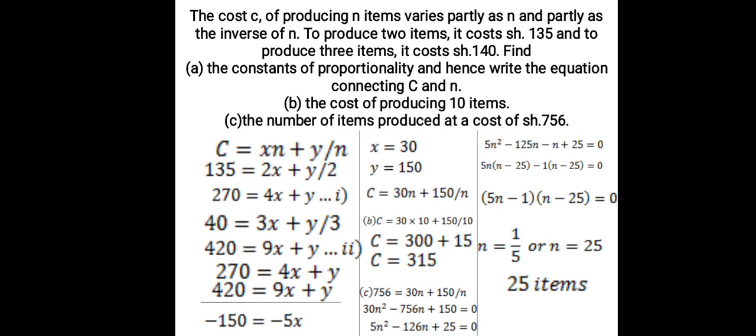The constants of proportionality are x is equal to 30 and y is equal to 150. Part B. The cost of producing 10 items is 315 shillings. Part C. The number of items produced at a cost of 756 shillings is 25 items.